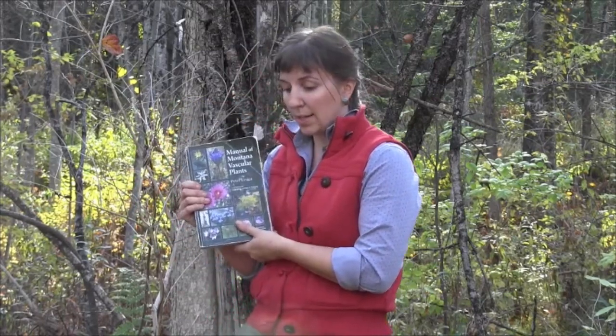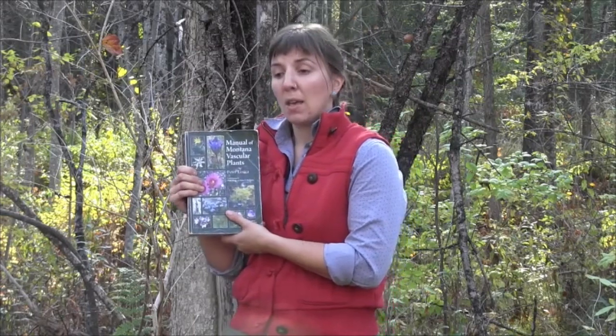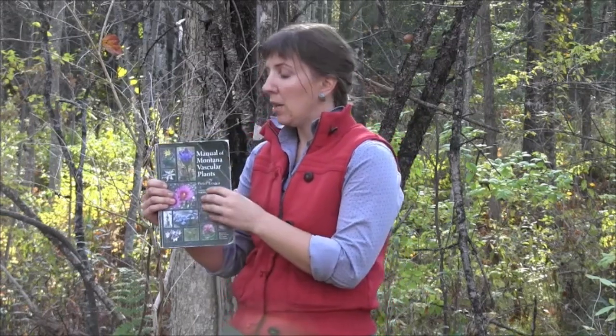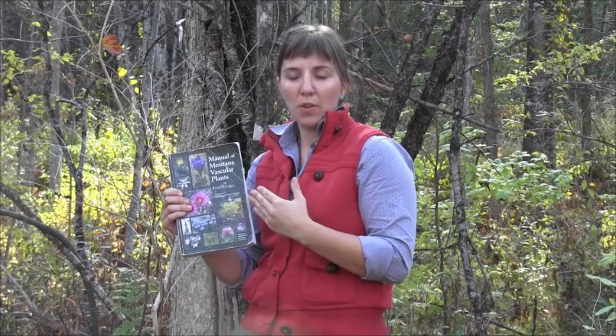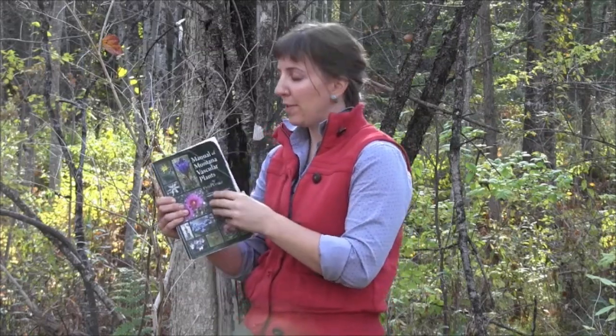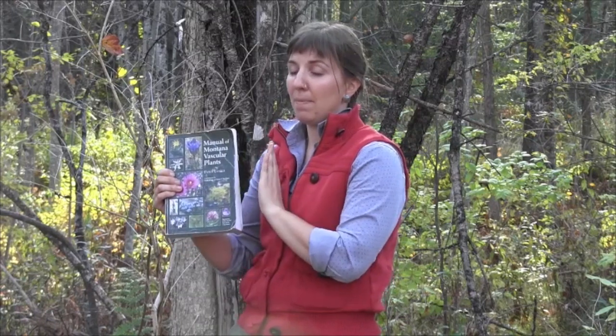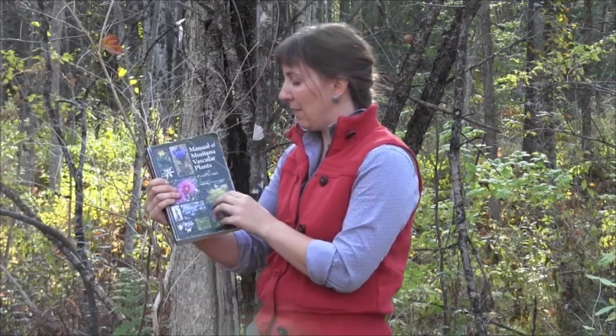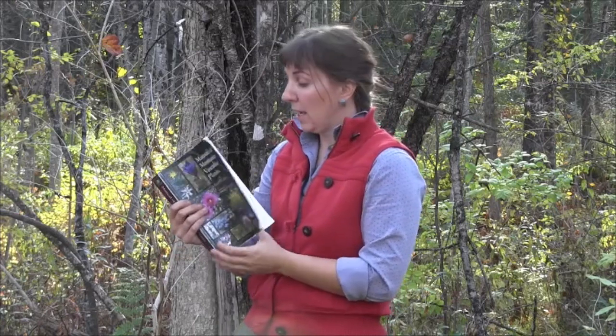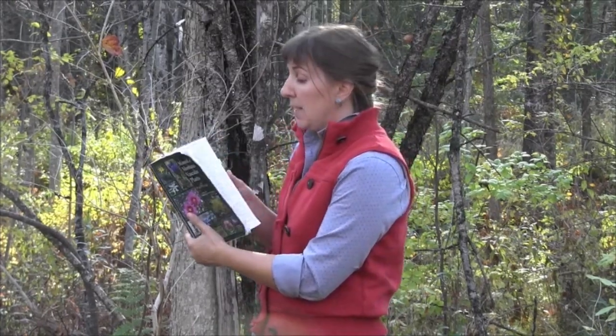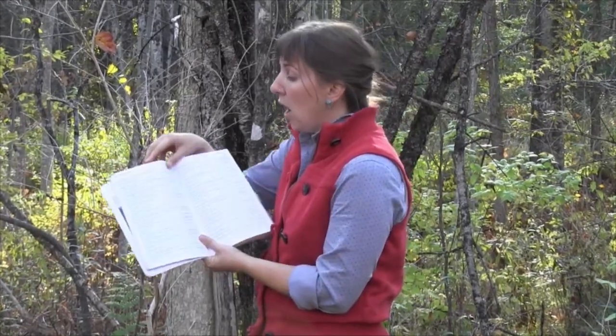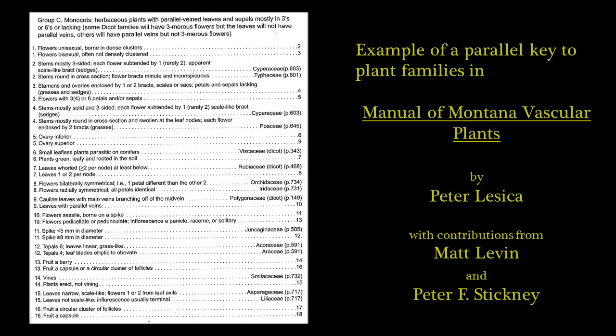But this book is organized phylogenetically, so the plants that are more related to each other are next to each other. You have to look up which family you're working in the index if you want to go straight to family. This dichotomous key is not indented, so this is a parallel key.